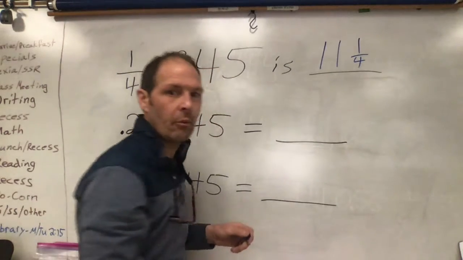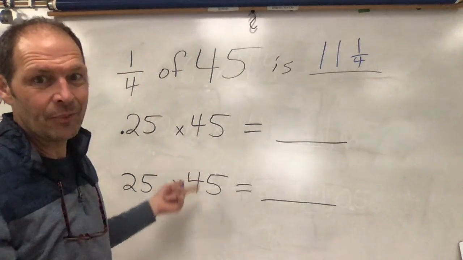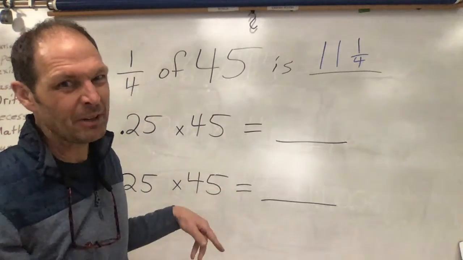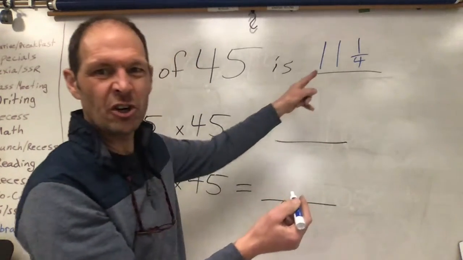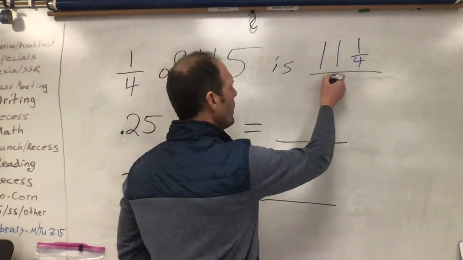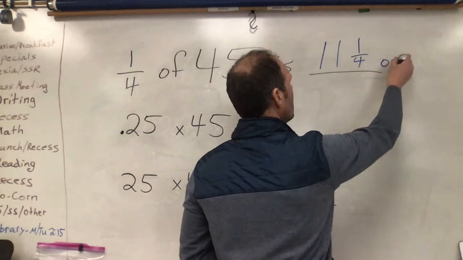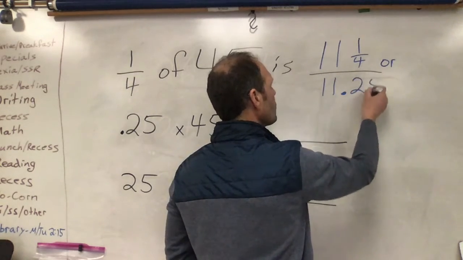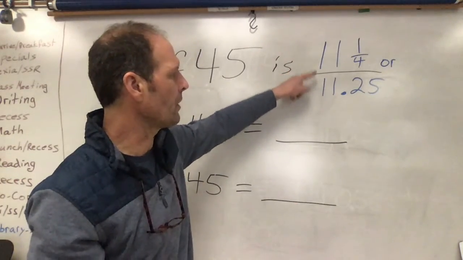So I could write it that way, but I'm also going to write it as a decimal because I can already see the writing on the wall, literally, and I can see we're probably going to need some decimal numbers. So I'm going to do an alternative to this. I'm going to do 11 1/4, and I'll write it down here, 11, and of course we know 25 hundredths is the same as 1/4. So those two are the same thing.